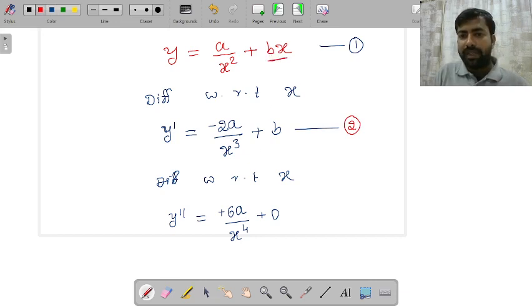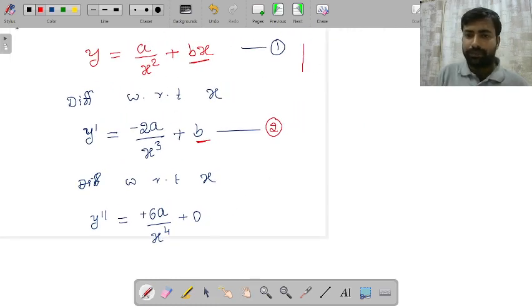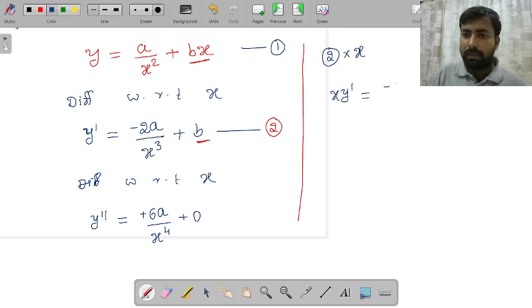So here you have bx. So if you have bx here, you can subtract these two so that you will find what is a. Okay, so let me do one thing. Let me multiply this second equation with x. So x multiplied, which gives me x into y prime equal to minus 2ax by x cube, which gives me minus 2a by x square plus bx.